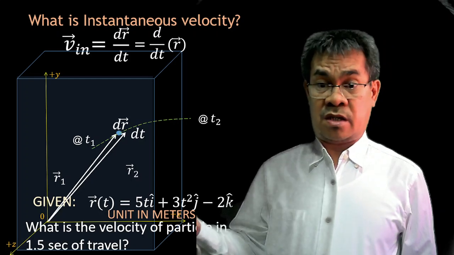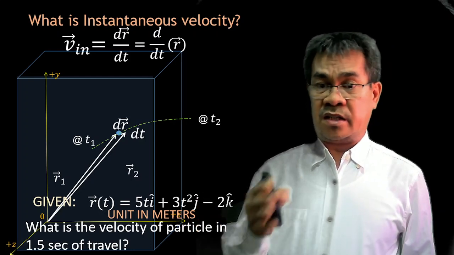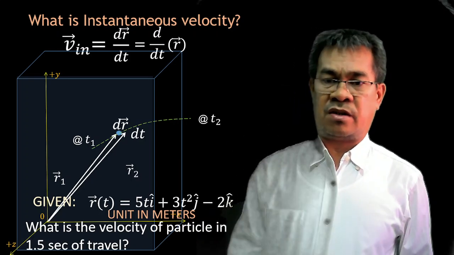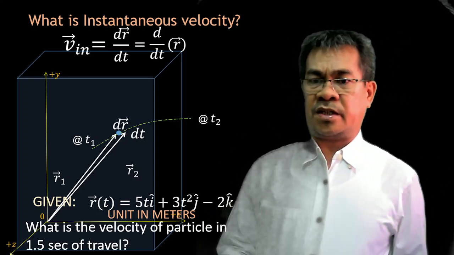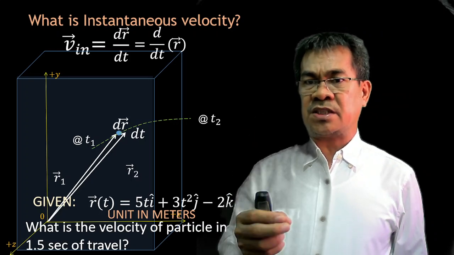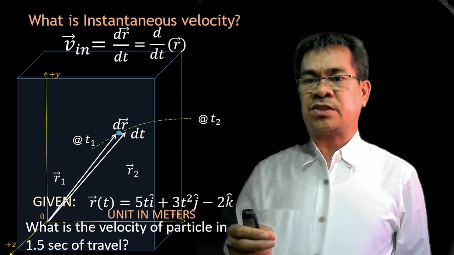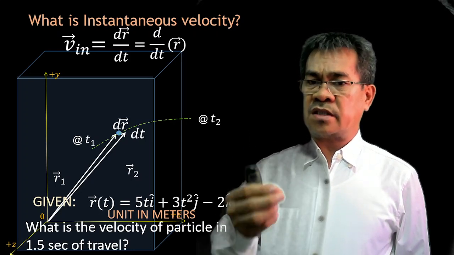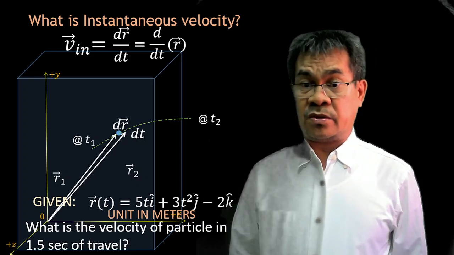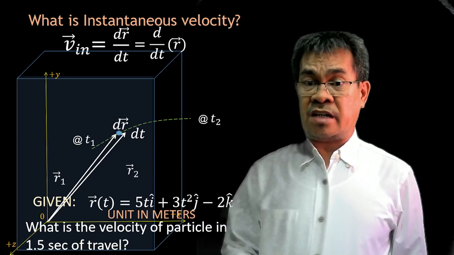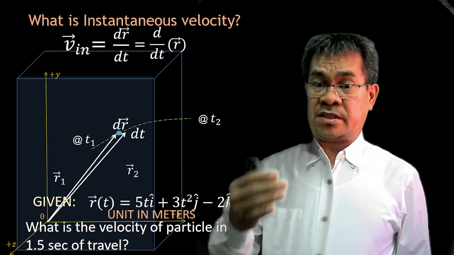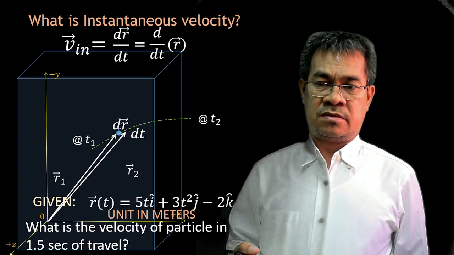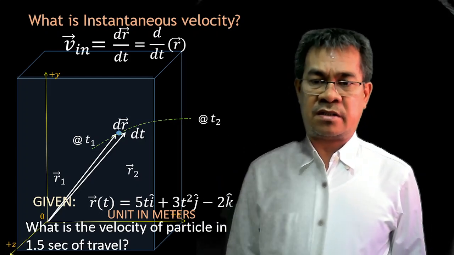So how do you answer this problem? The given is the position vector, meaning the position as a function of time. To do it, take note that the instantaneous velocity is the derivative of the position, and we have the position. So all you need to do is take the derivative of r with respect to time. And take note, time is the independent variable of that equation, while r is the dependent variable.